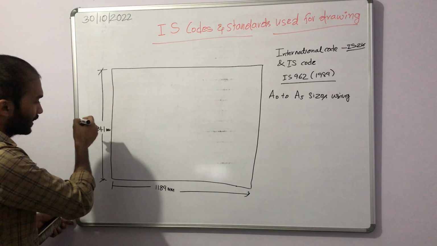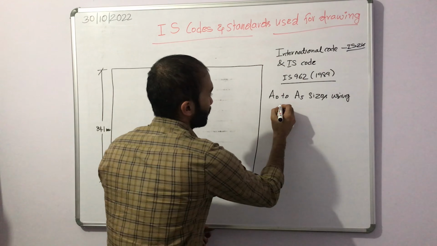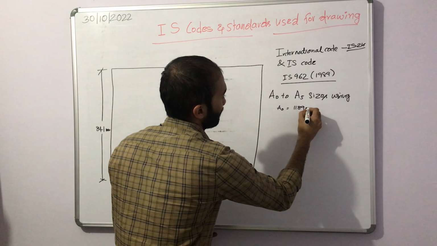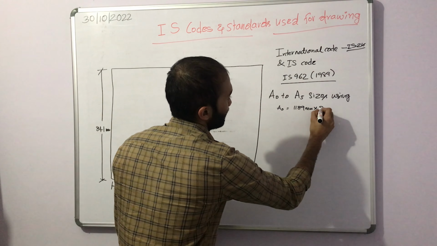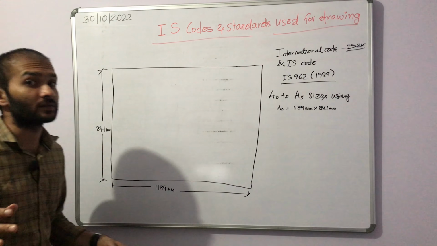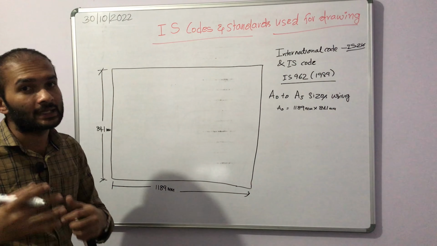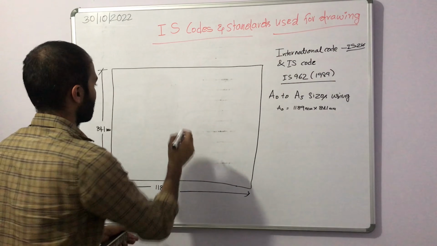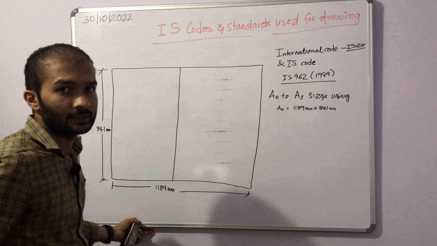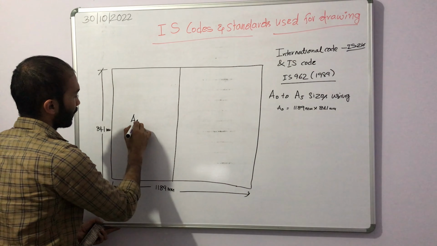A0 is the topmost, biggest size. A0 represents 1189 mm by 841 mm, the maximum drawing size we use. If you divide it exactly in half, it becomes an A1 drawing.